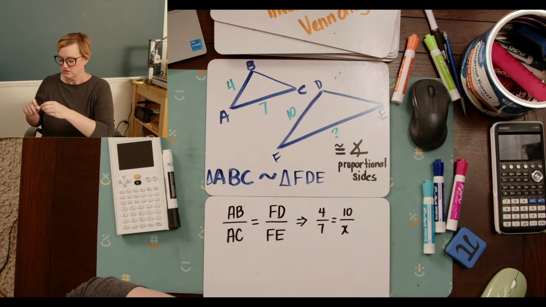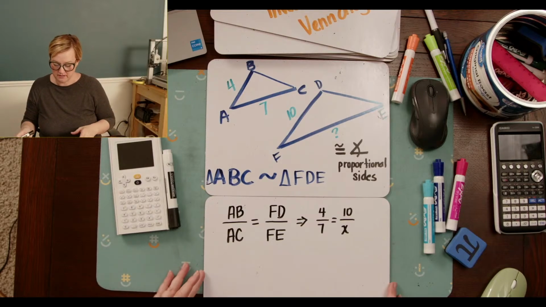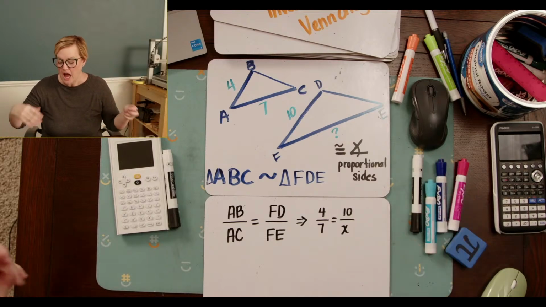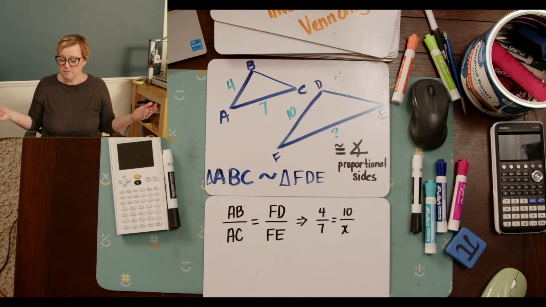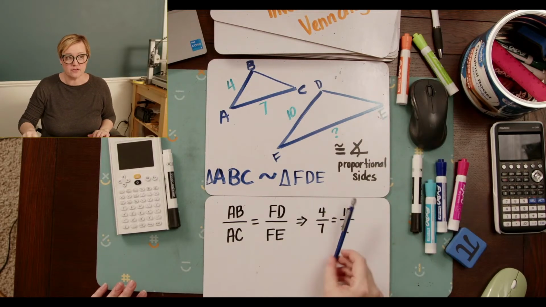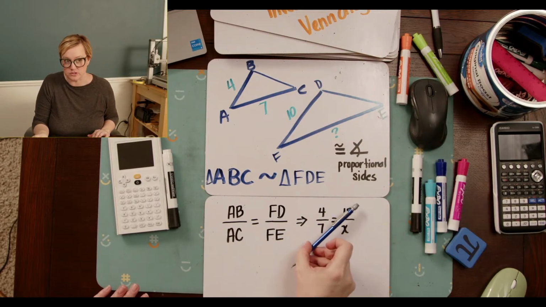So solving a proportion, there's a lot of different ways to solve a proportion. I like cross multiplying, where you multiply across and those cross products are going to be equal to each other.